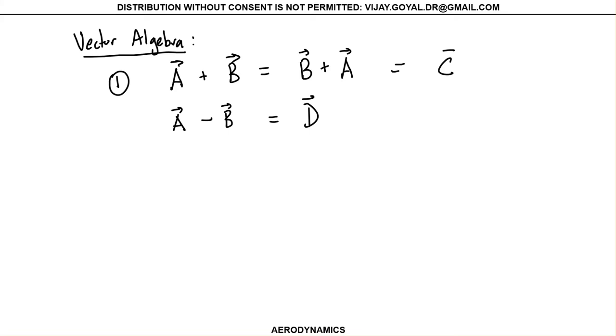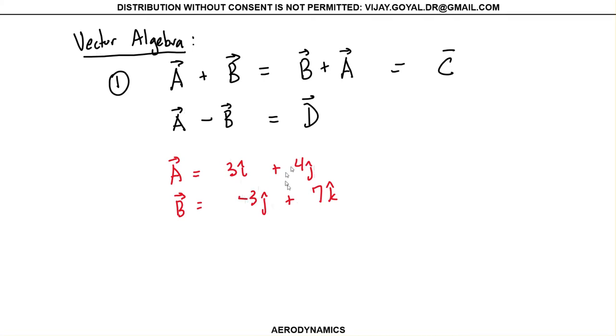Okay? How do we add vectors? As a quick example, let's suppose I have a vector A equal to 3i plus 4j, and I have a vector B that would be minus 3j plus 7k. So if I'm going to add the vectors, there are two ways to do this.